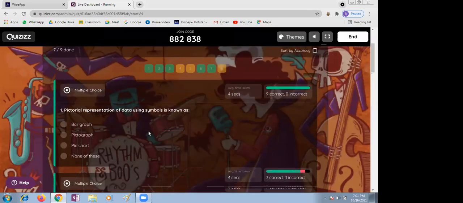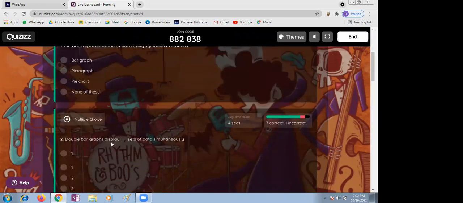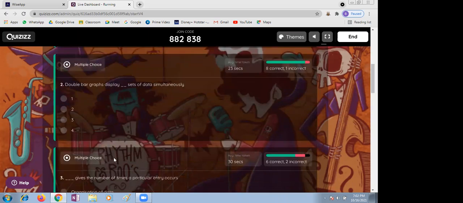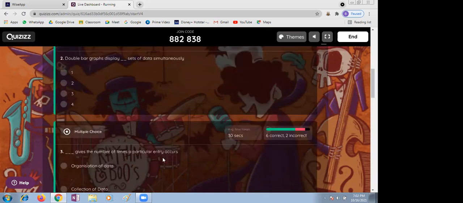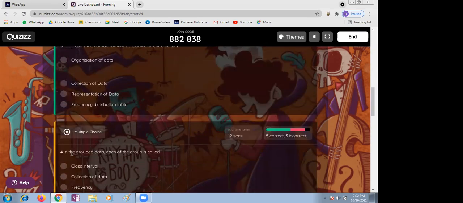Pictorial representation is nothing but pictograph. Pictograph. Very good. Two sets of data. Dash gives the number of times a particular value occurs: frequency distribution table. Next, class interval.